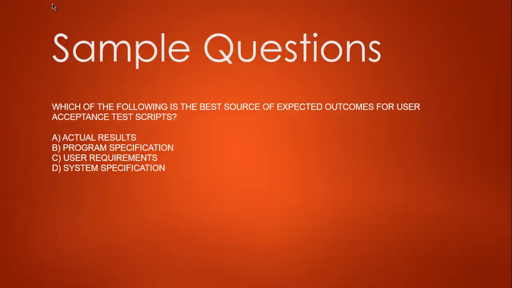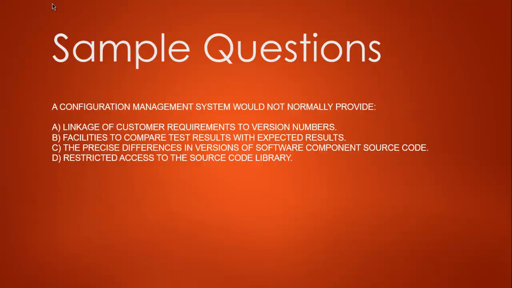Let's take another question. A configuration management system would not normally provide. So configuration management system provides some requirements. So we are going to rule out the things that are not provided by configuration management.